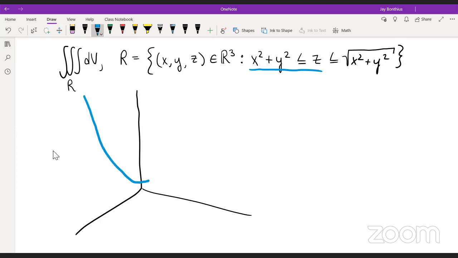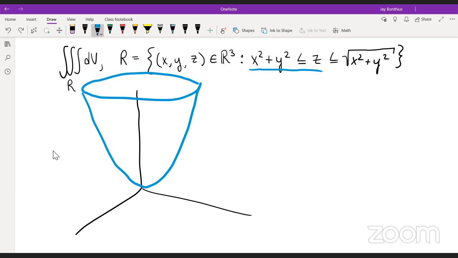So here's that paraboloid, and points that satisfy this inequality are inside and above it.